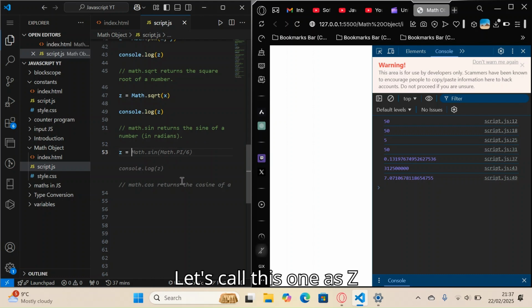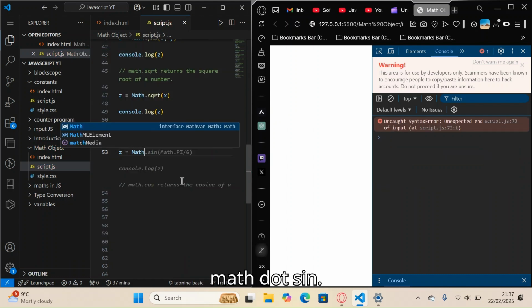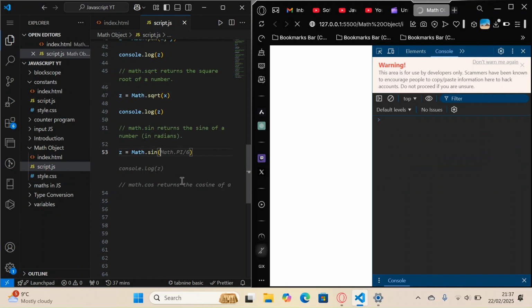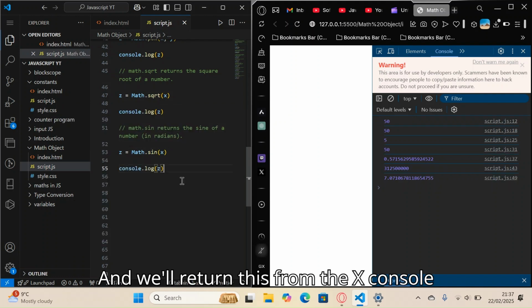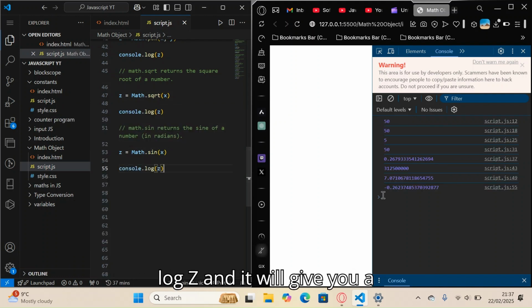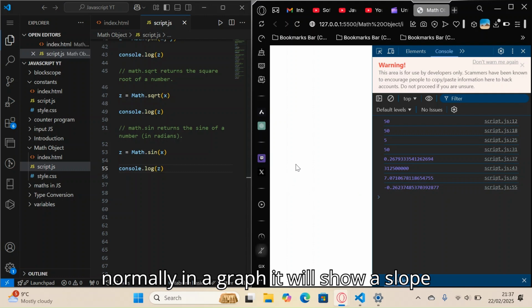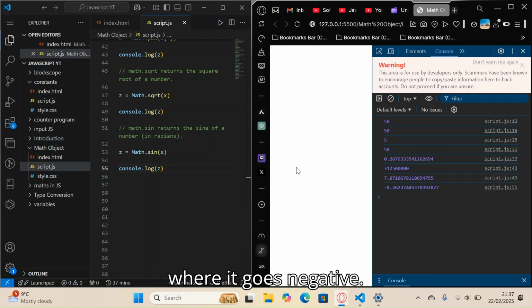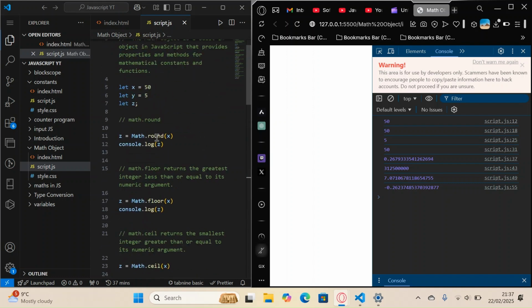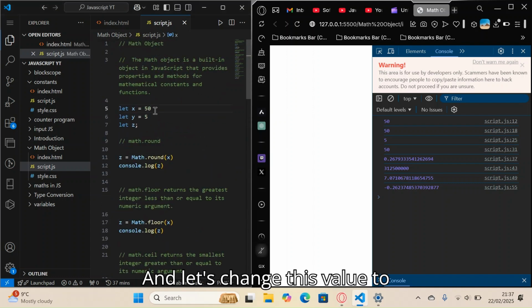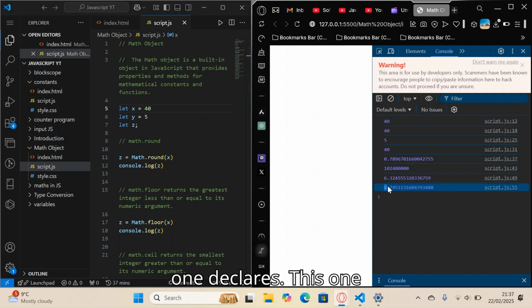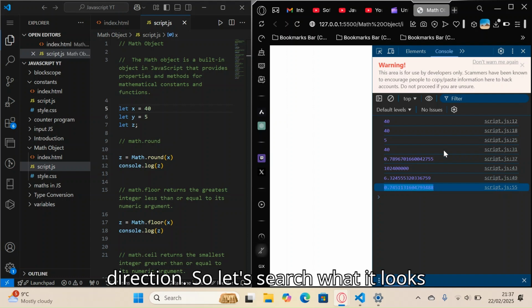So let's call this one z equals math.sin(x), and console.log z, and it will give you a negative number, because normally in a graph it will show a slope where it goes negative. And let's change this value to 40, and this one indicates that it goes in a positive direction.